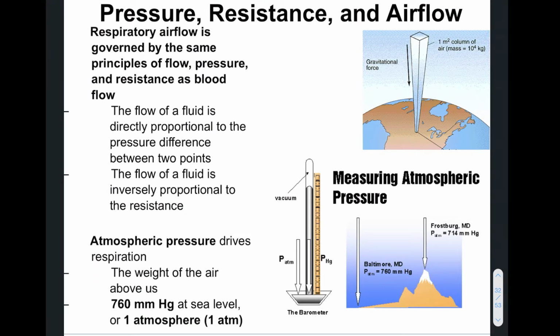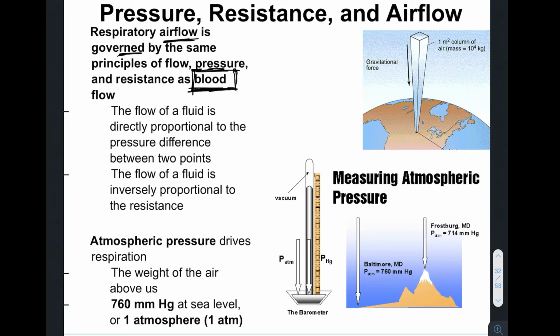We need to talk about pressure because airflow is governed by the same principles as liquid, such as blood. We talked about blood and pressure and flow there. So a lot of these concepts are going to be the same, but we're going to talk about these concepts regarding air.